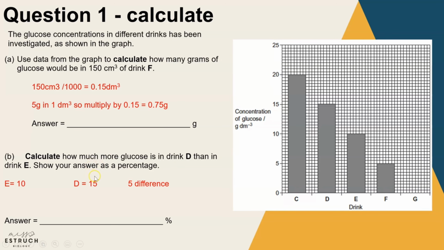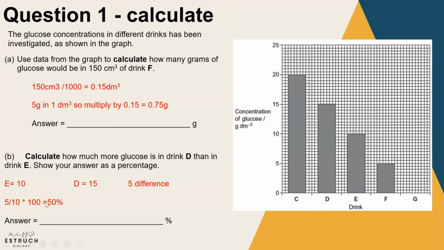Now, because they said calculate how much more glucose is in drink D compared to drink E, that is why we're going to divide it by E, because the way they phrased it, it sounds like E is your starting point and we're comparing it to D. So it'd be 5 divided by 10, multiplied by 100 because it's a percentage, so it's 50%.